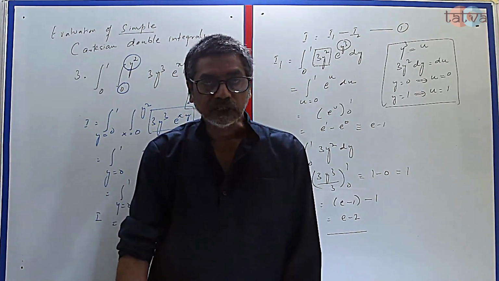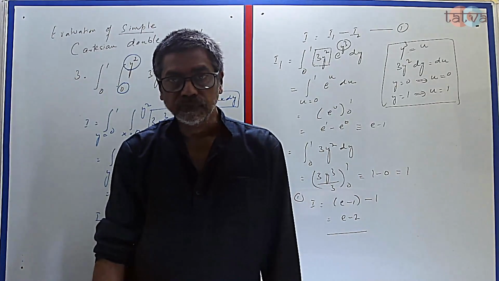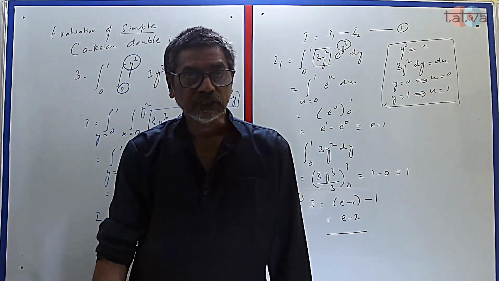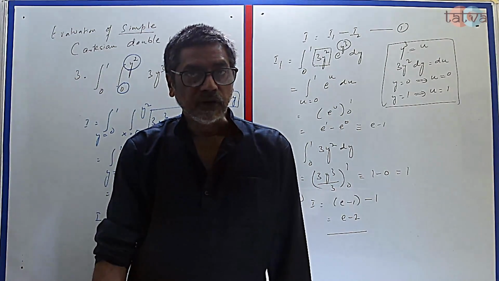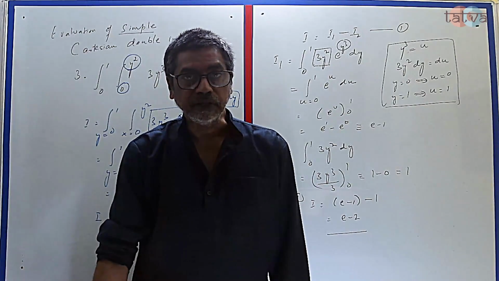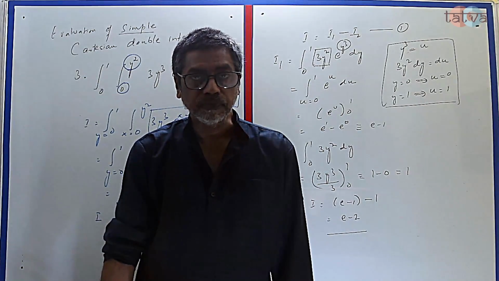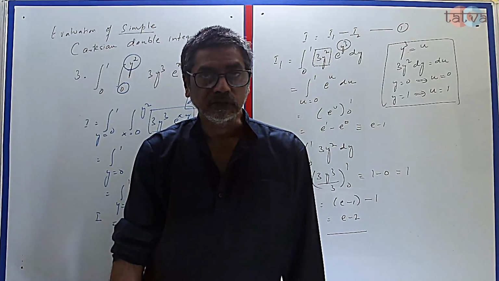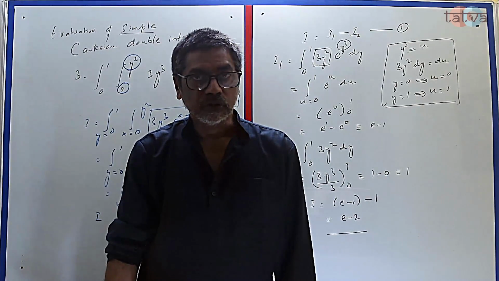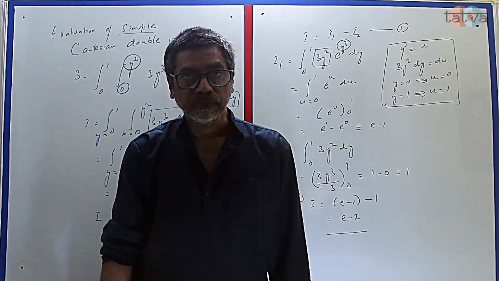So one of the important things to understand from now onwards is how these inner limits, functions of x or functions of y, are generated. What is the genesis of this problem? For that you must understand the geometry of regions. That is what I'll be taking up in my next lecture. Thank you.